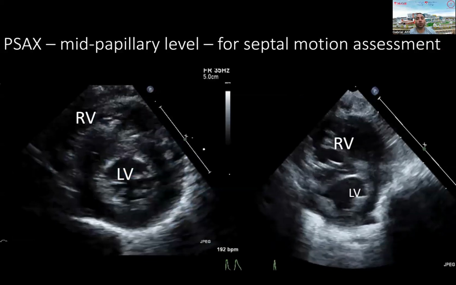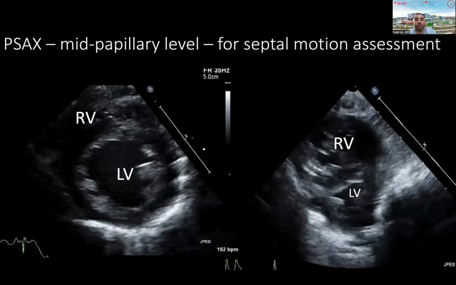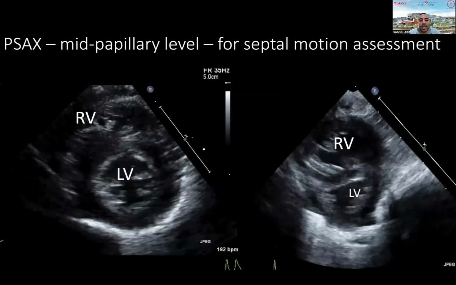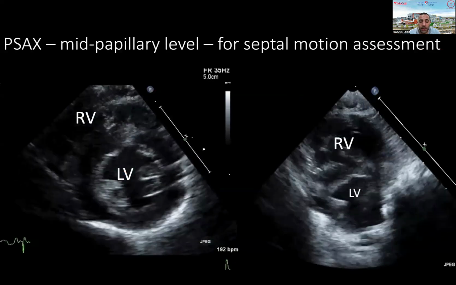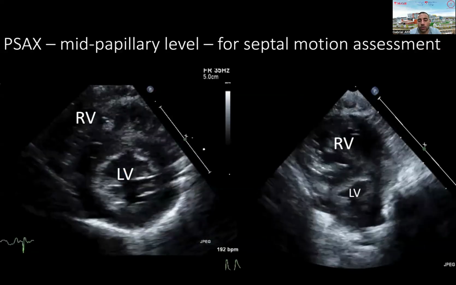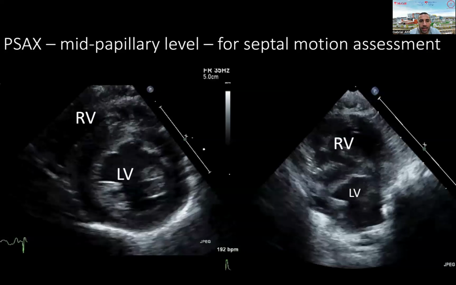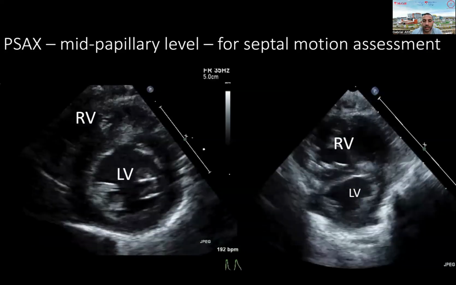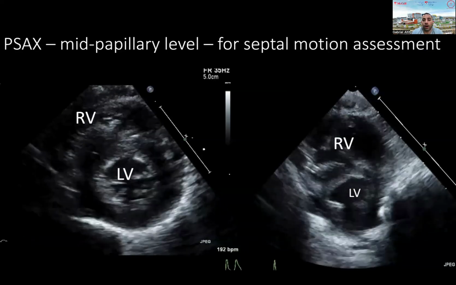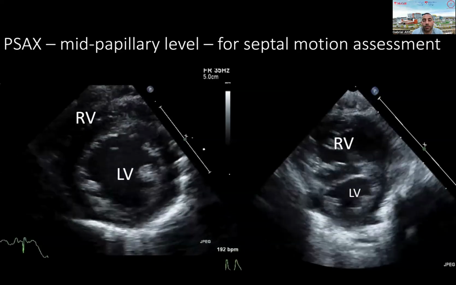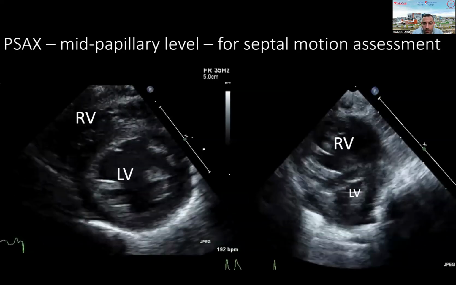Septal curvature. Septal curvature informs you on the relationship between what's happening in the RV and what's happening in the LV at the peak of systole. That's when we typically will evaluate that in relationship to the PA and aortic pressure. Why? Because the RV is connected to the PA and the pulmonary valve is open at the peak of systole.